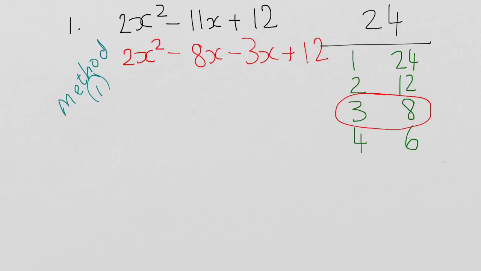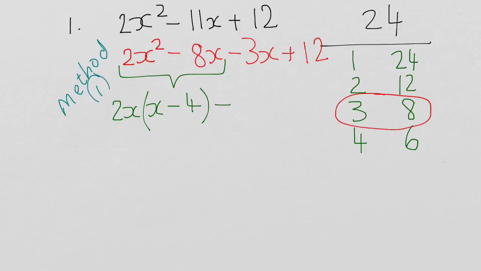We're now looking at this in two sections. We're going to look at this part first, 2x squared minus 8x. So take out the common factor, so 2x goes into both of them, multiply by x will give us 2x squared, and then subtract 4. It's 2x times negative 4 will give us minus 8x.